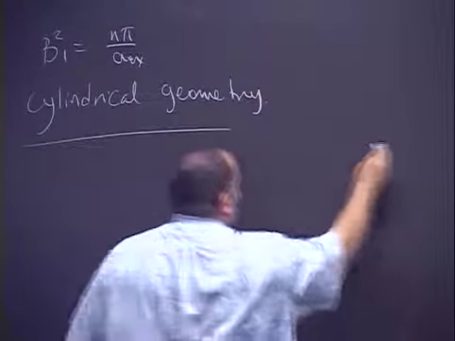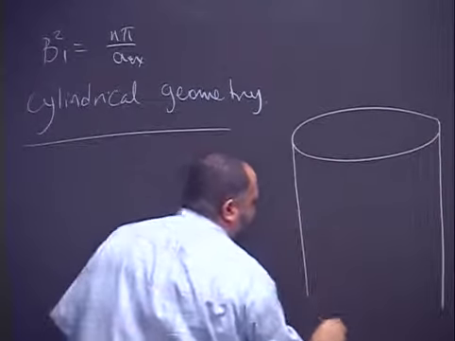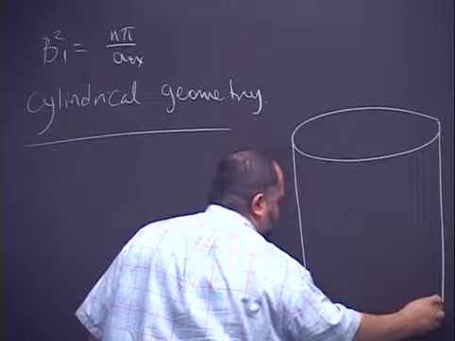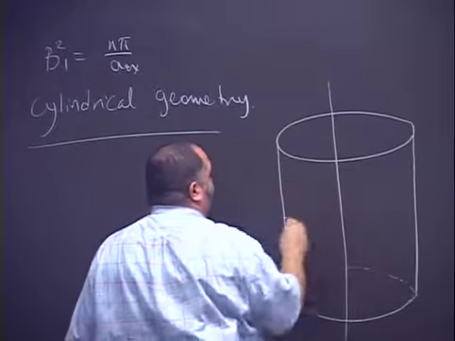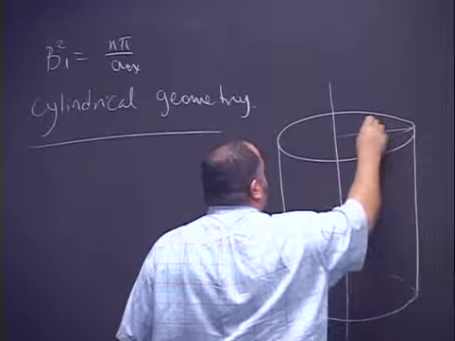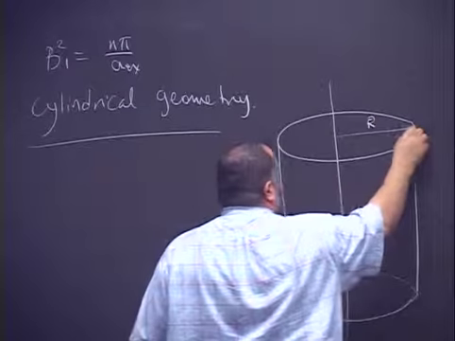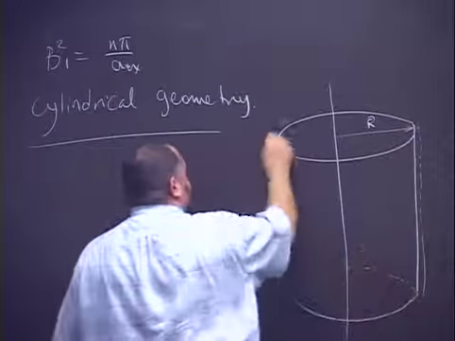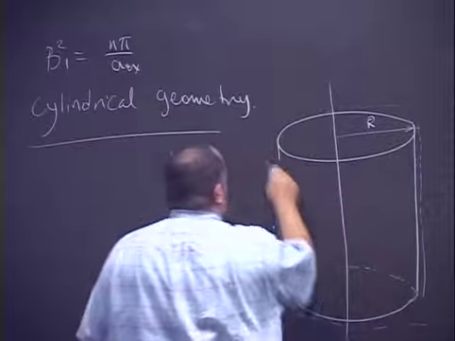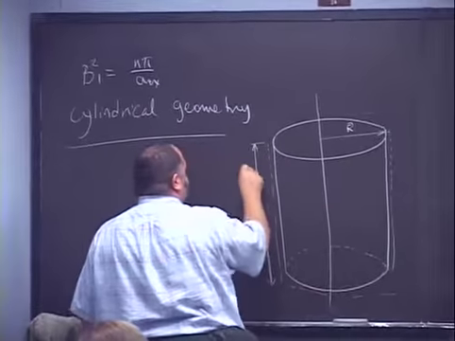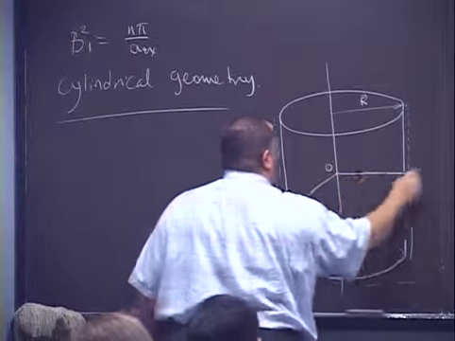So if we have a finite cylinder with a radius r and height h, this is the center of the cylinder, and we have r. Let's say capital R will be the extrapolated distance, and the extrapolated height will be somewhere less than this. Let's assume the center is at 0 for the coordinates.